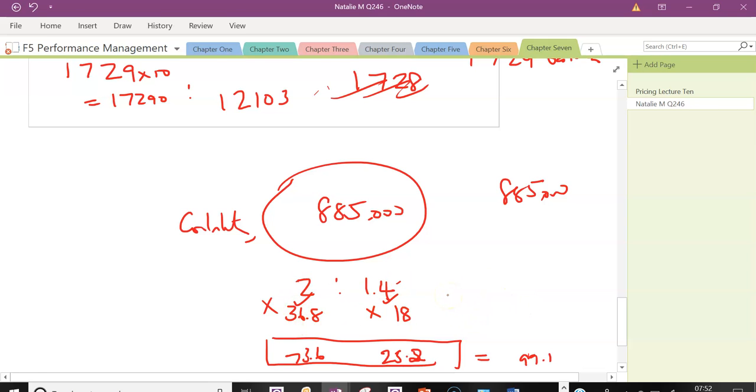So if I divide 885 by 99.1, I will get 8930.373 batches. For full marathons, multiply this by 2, which is 17,816, which is closer to what we actually want. And for half marathons, multiply this by 1.4, because there's 1.4 in each batch. I hope that's been helpful. Let me know in class anyway.